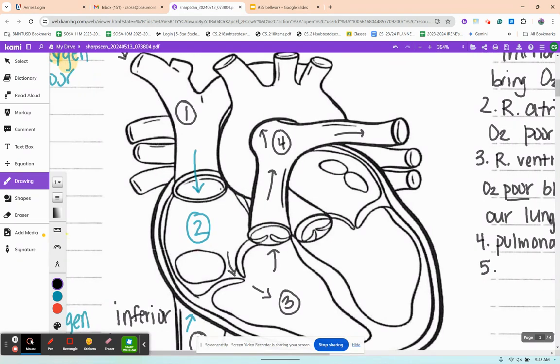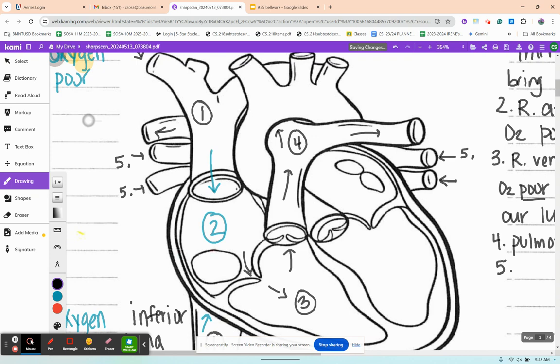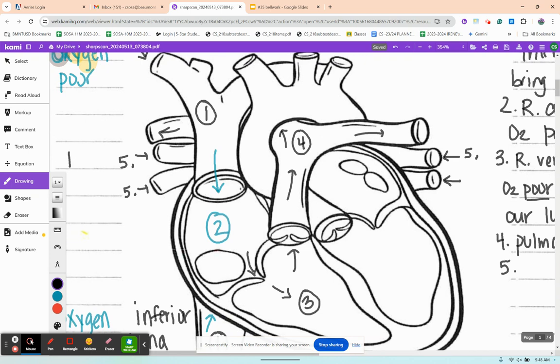So number 5 here. Five is going to be our pulmonary vein. This one on the right is our right pulmonary vein.